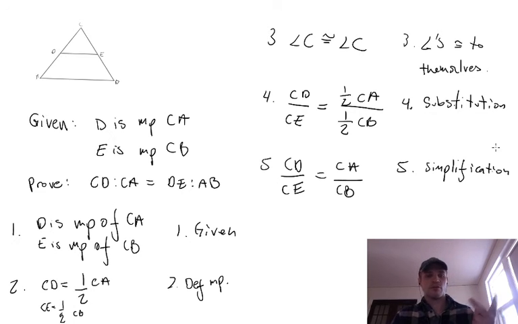Okay, so now we have the ratio of these two sides equal, so we have enough for our side angle side. So then now we can say that triangle DCE is similar to triangle ACB. Okay.